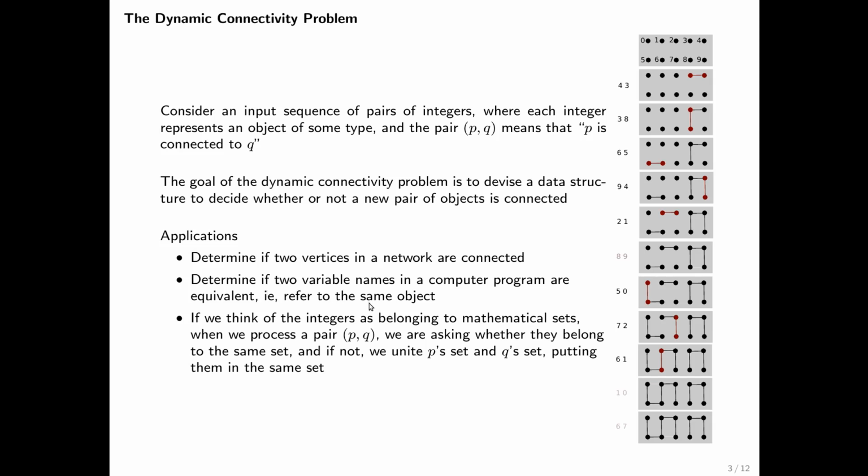And then finally, if we think of the integers as belonging to mathematical sets, then when we process a pair such as P Q, we are asking whether they belong to the same set or not. And if they don't belong to the same set, then what we do is we unite P's set with Q's set, putting both in the same set. So that's another application from set theory where you make use of the dynamic connectivity problem.